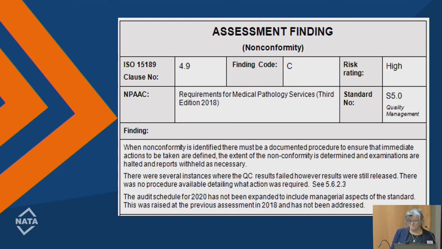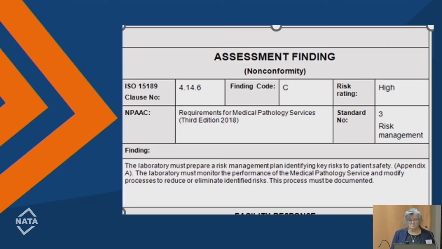And there was no procedure detailing what action was actually required. And another non-conformance, and I've sort of bunched them together a bit, the audit schedule had not been expanded to include the managerial aspects. So the managerial aspects of a standard include internal audits, non-conformances, and a management review, as opposed to the technical requirements, but they hadn't actually done anything in that audit schedule to address those issues.